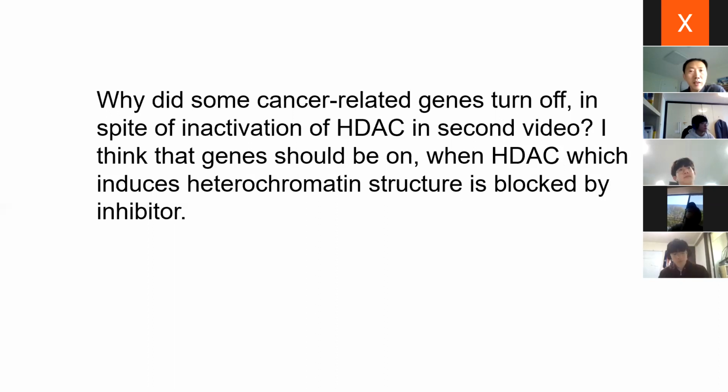That's why the cancer cells have a good chance to be recovered or maybe self-dying, suicide. Cancer cell suicide is good for the whole body. Anyway, we need to reduce cancer cells. So either they change their property from cancer to normal or they die. Okay, so this is what is going on. So in spite of some inactivation of HDAC, some genes can still be up or down, and then HDAC inhibitor can change those structures from one state to the other. Heterochromatin we will discuss later.